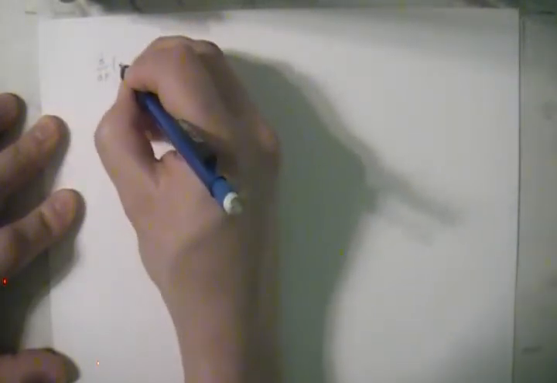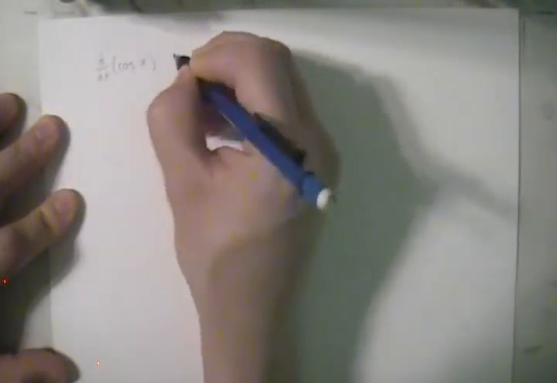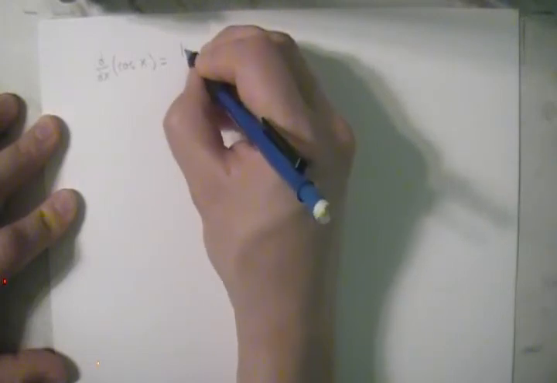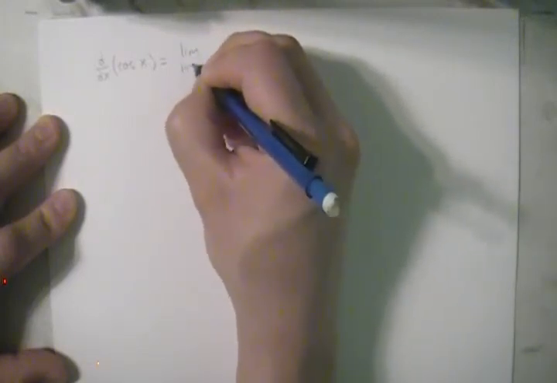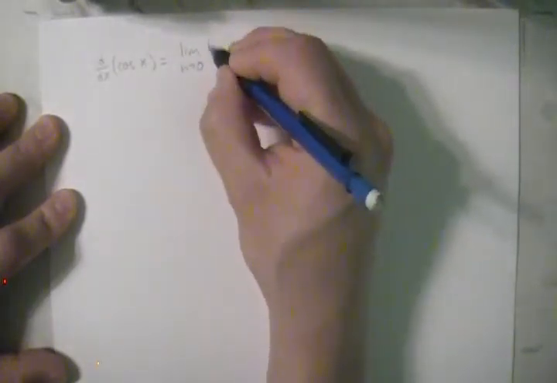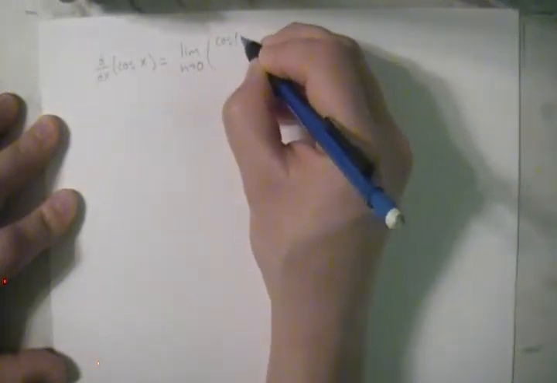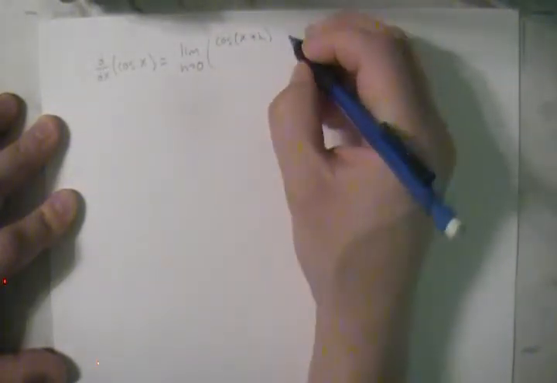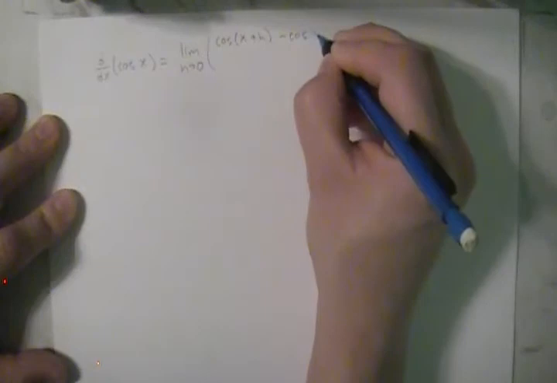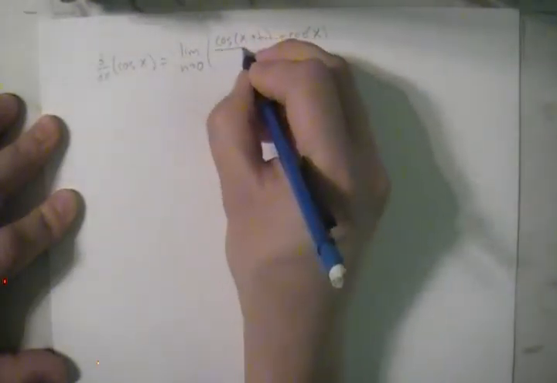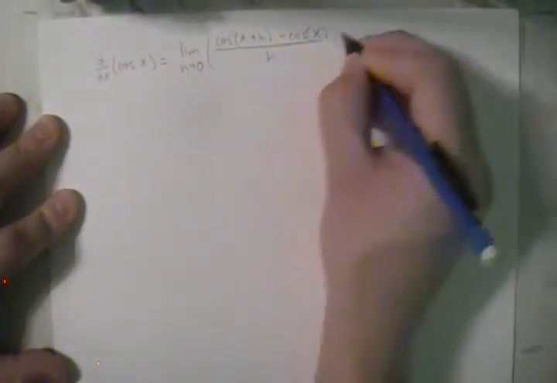And I can do the same thing with cosine x. I guess I'll go ahead and show it. So it's going to be the limit as h approaches 0 of cosine x plus h minus cosine x divided by h.